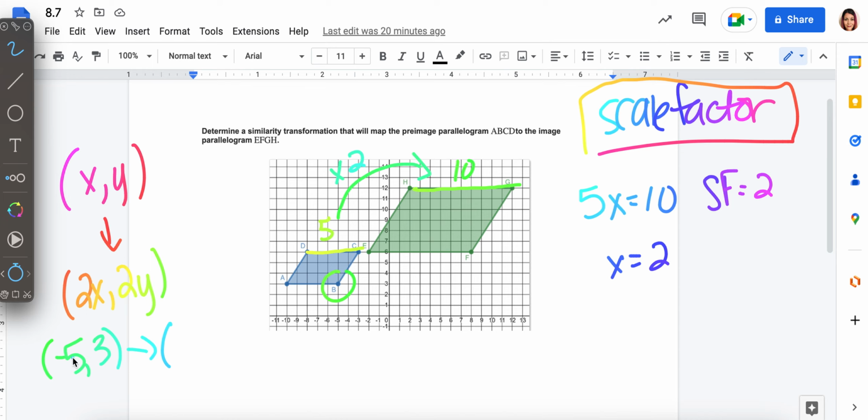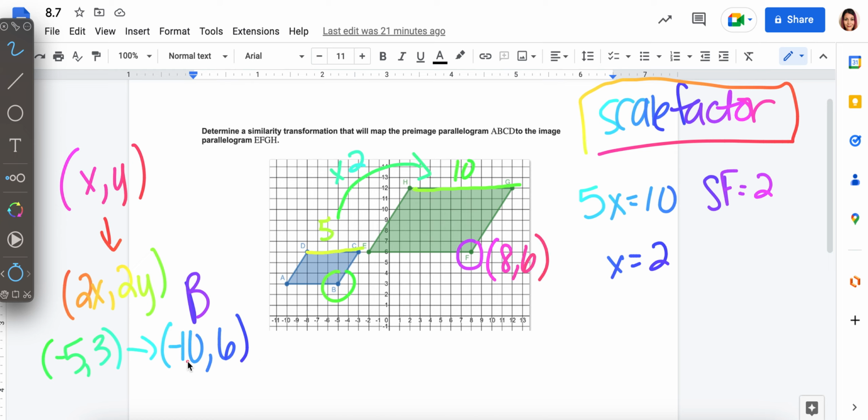So 2 times -5 is -10, and 2 times 3 is 6. So this is my B. Well, after we apply the scale factor, my B corresponds to F, right? And that tells me that coordinate value is 8, 6.